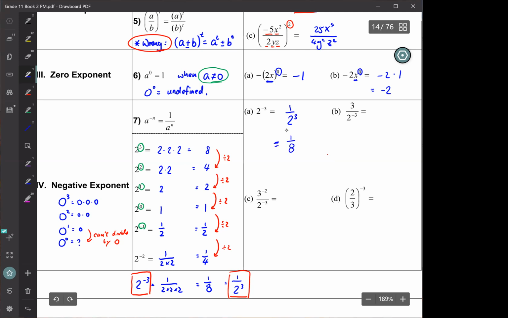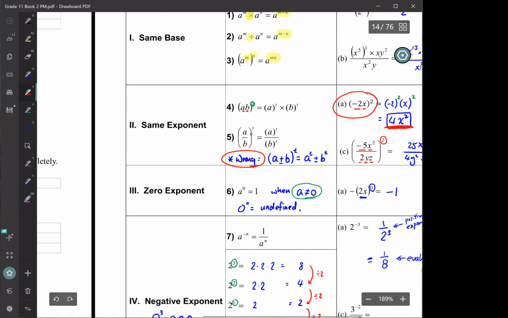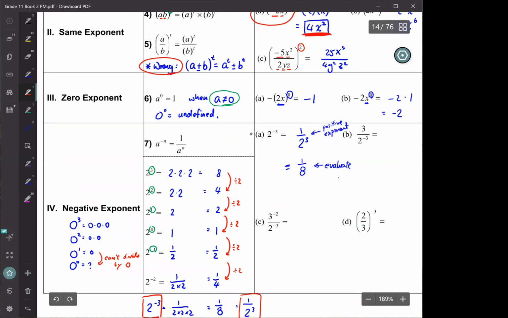If the question says please evaluate, then you leave it like that. If the question says leave it in positive exponent, the answer will be that. So depending on what they want, you leave the answer differently.